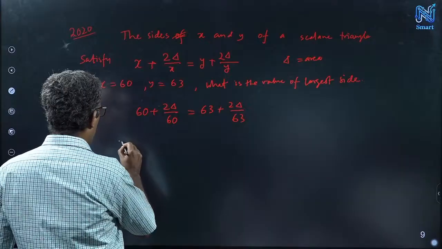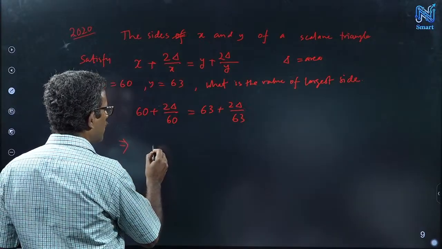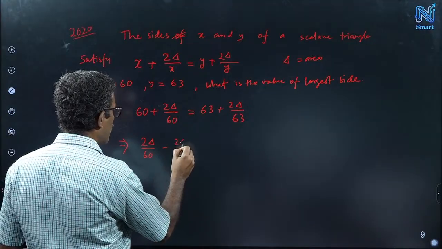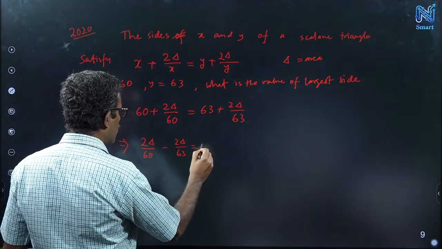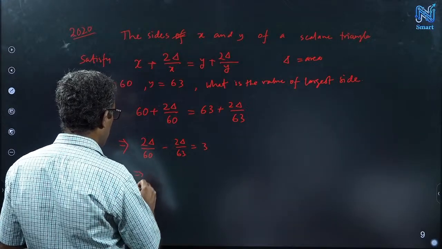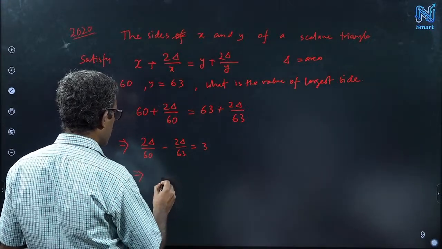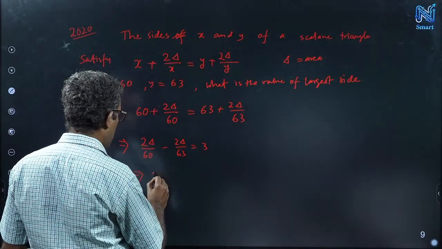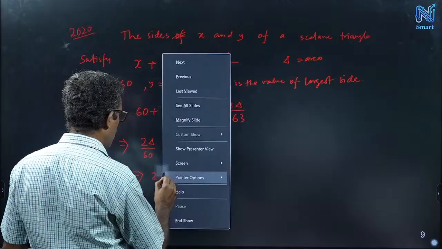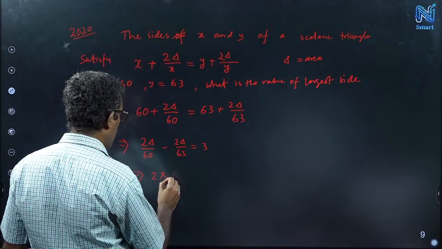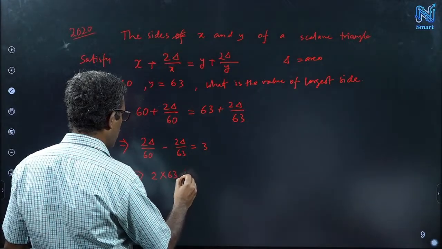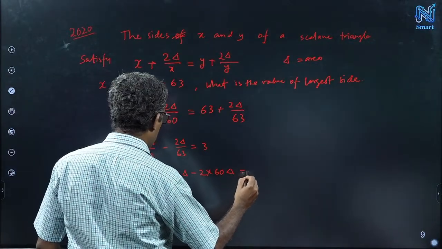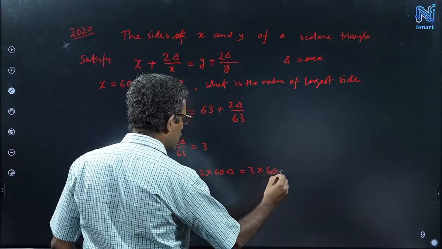What? 2 delta by 60 minus 2 delta by 63 is equal to 3. Then 2 into 63 delta minus 2 into 60 delta is equal to 3 into 60 into 63.